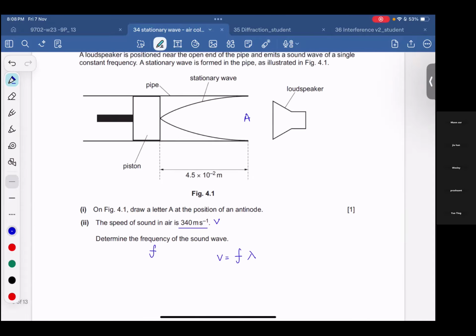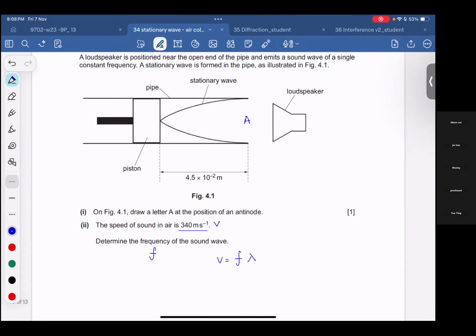Okay, Wesley, you ask me. I ask you, not you ask me. Wesley, this one, how many complete wave? First question, how many complete wave? Okay, the complete wave is like this. Then it will be reflected, yes. Okay, so for this part, how many complete wave?